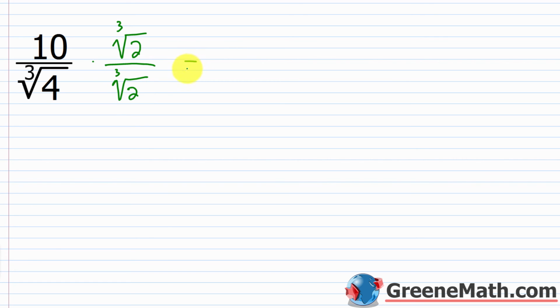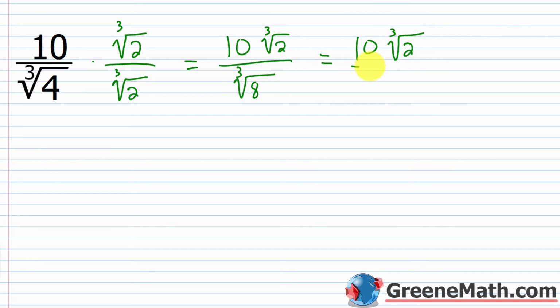And what's going to happen is I'm going to have 10 times the cube root of 2 in my numerator over 4 times 2 is 8. So this would be the cube root of 8. 8's a perfect cube, so I would get 10 times the cube root of 2 over cube root of 8 is 2. And then I can simplify by canceling a common factor of 2 between here and here. So this is a 5. So my final answer there would be 5 times the cube root of 2.